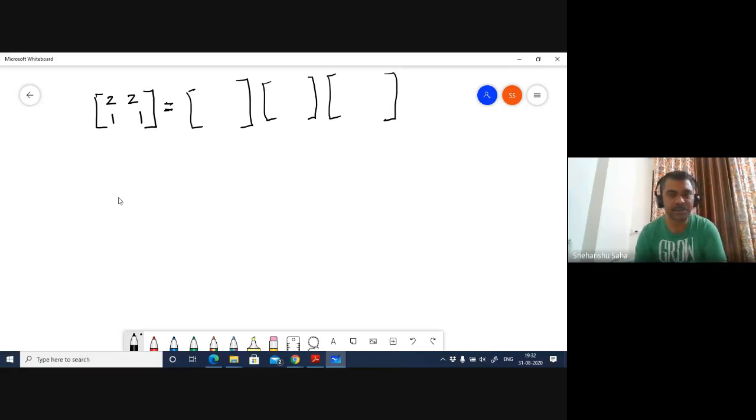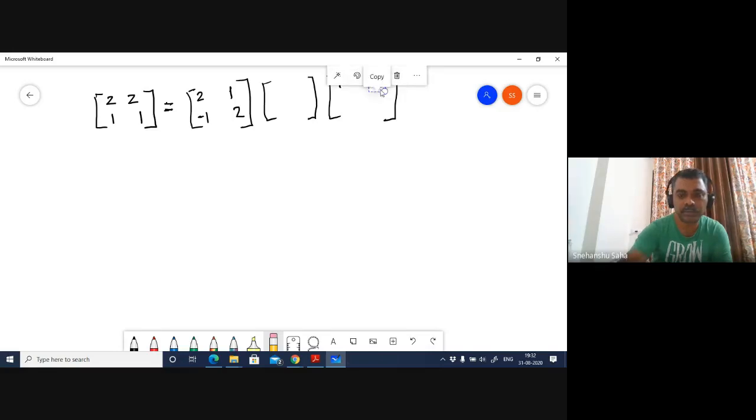3 matrices. I'm going to skip the calculation. Let's just straight away copy the elements. This is 2, 1, minus 1, 2. Then 1, 1, 1, and minus 1.